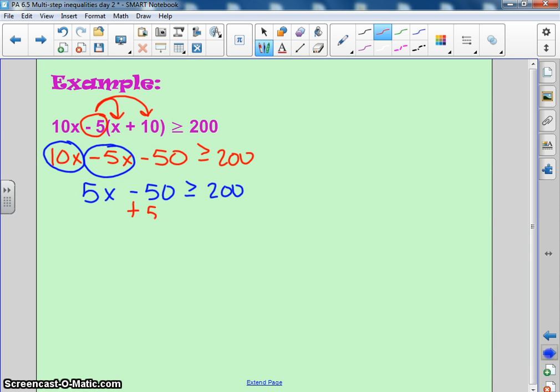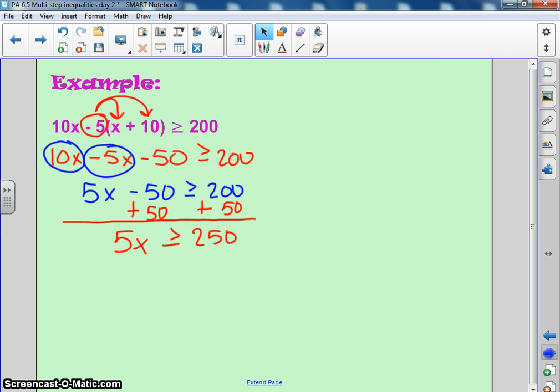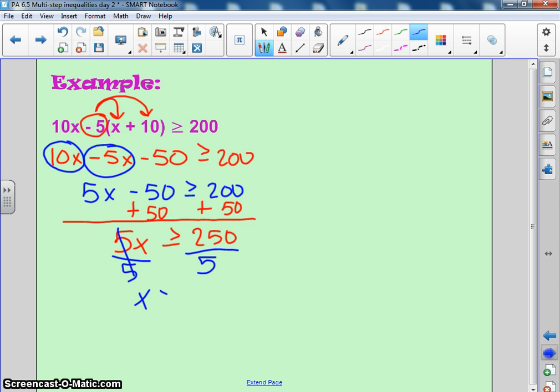Add 50 to both sides. 5x is greater than or equal to 250. Divide by 5 on both sides. X is greater than or equal to 50. All right, good. Now, am I done? No. I wish. But I'm not, so we have to check it and graph it.